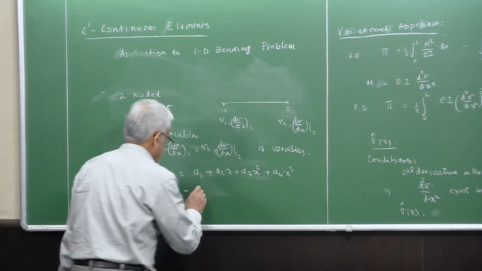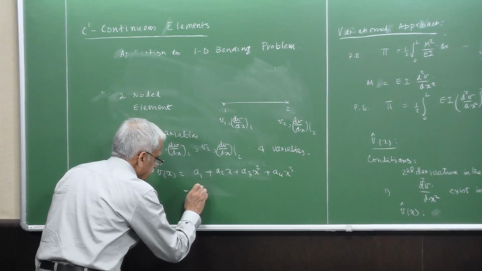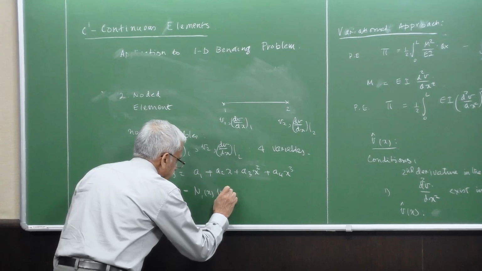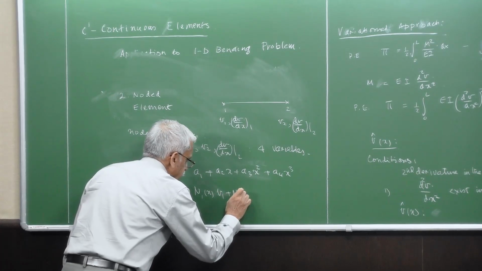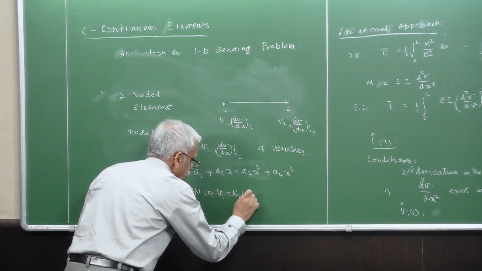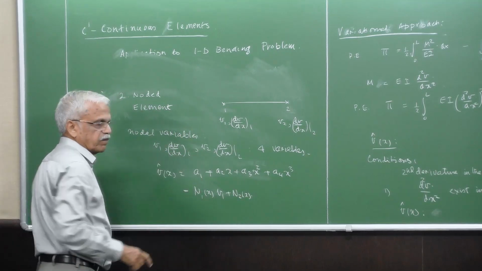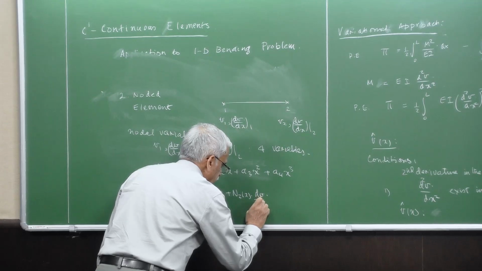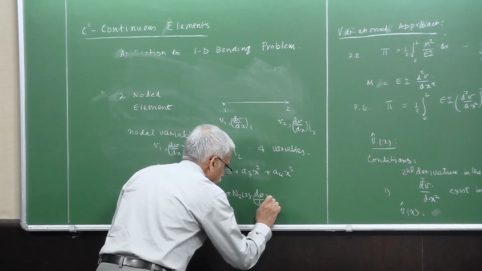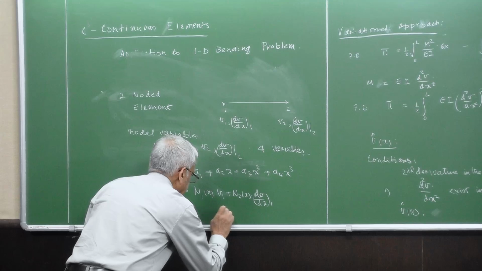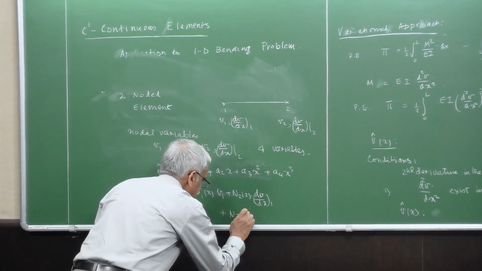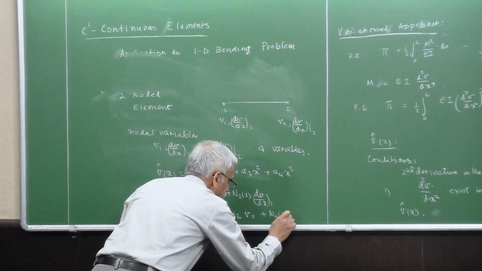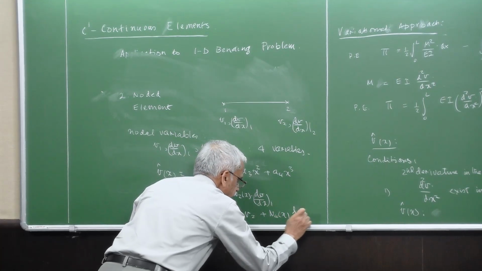So we write N1 of x times v1, N2 of x times dv by dx at 1, N3 times v2 and N4 times dv by dx at 2.